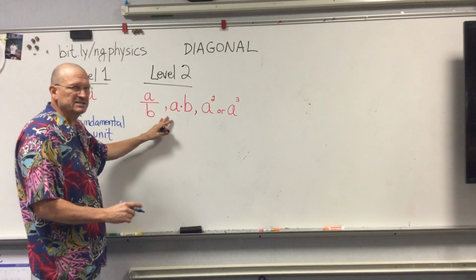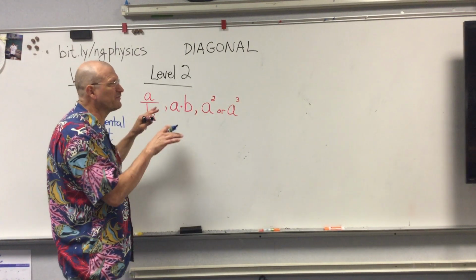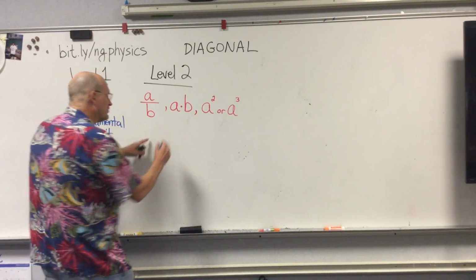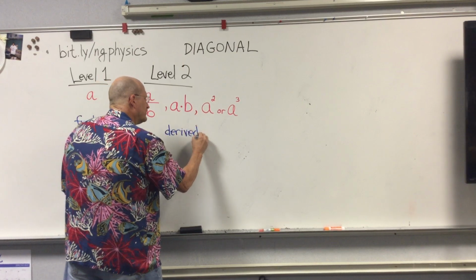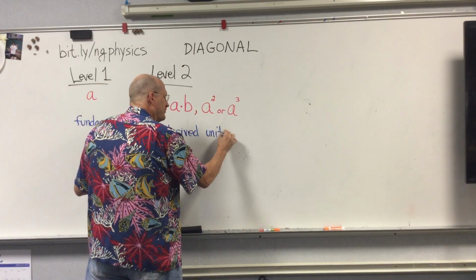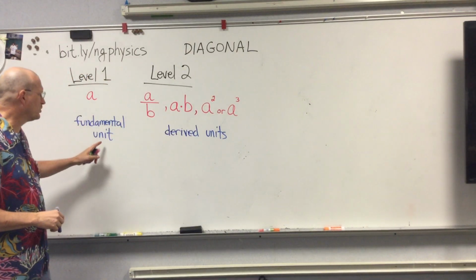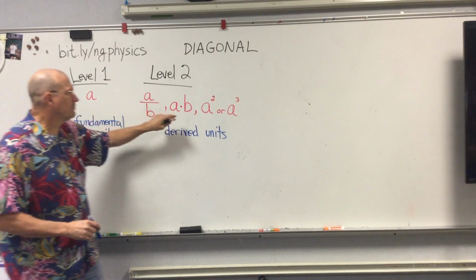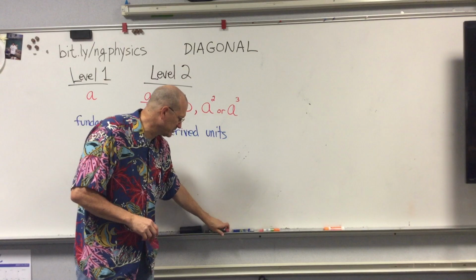These types of units and beyond, because technically I have difficulty levels all the way up to level 5, these types of units are called derived units. And that is because they are derived from taking multiple fundamental units and either dividing them or multiplying them. Okay, so that's a little background terminology.